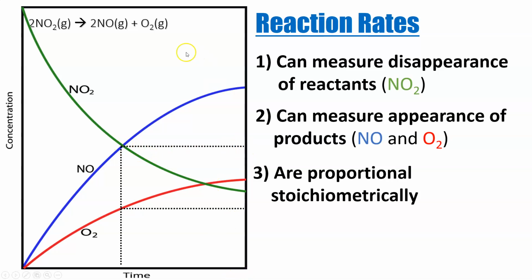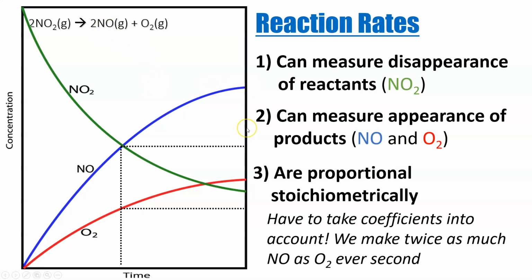And if you think about it, if you look at the stoichiometry up here, look at your coefficients, you're going to make the nitrogen monoxide twice as fast as you're making the oxygen, aren't you? You're making two of these and one of these at a time. So that's why this one is a steeper rate. That's why it's twice as much, because you're making twice as much. So you have to take the coefficients into account. Every second that we're making an oxygen molecule, we've made two nitrogen monoxides. So your slope should reflect that.